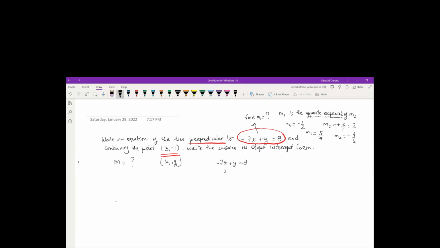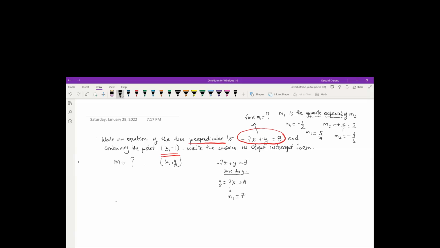But if I solve for y and put it in slope-intercept form, then y equals -7x moved to the right side, becomes +7x, plus 8. That's slope-intercept form, y equals mx plus b, and the 7 here is m1.